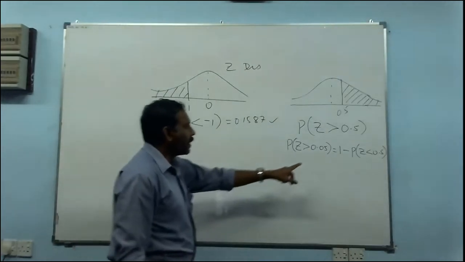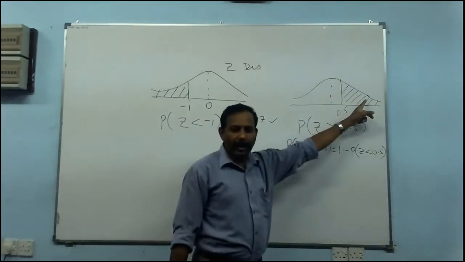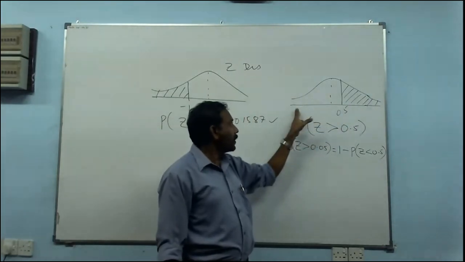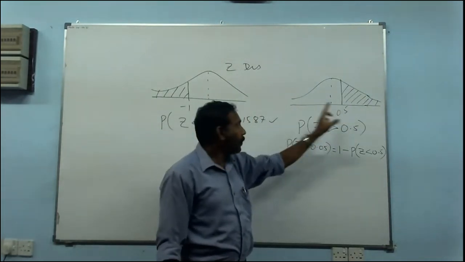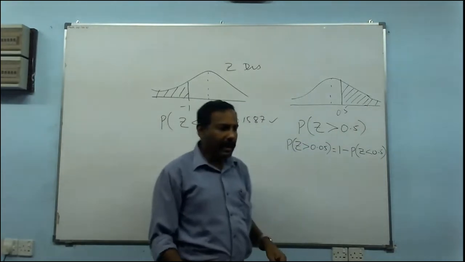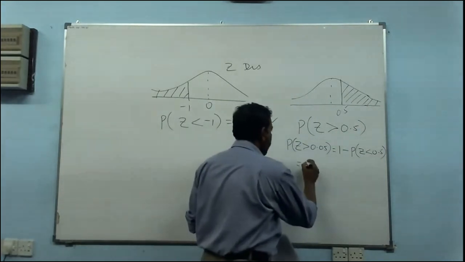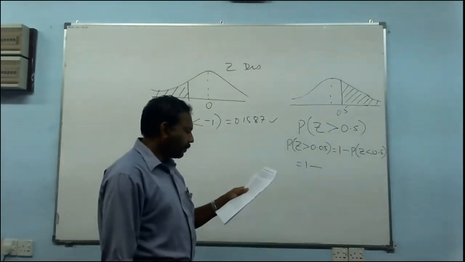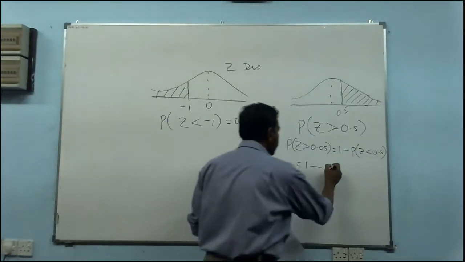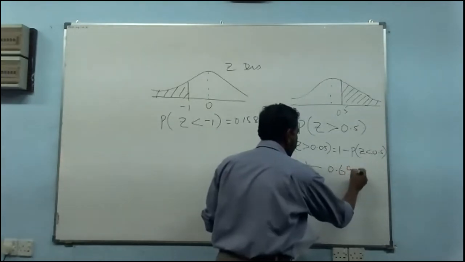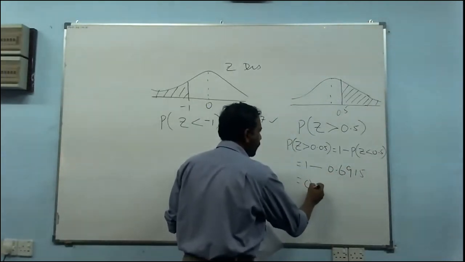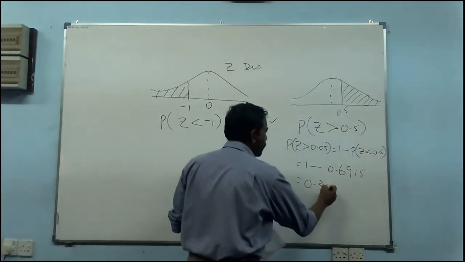If you take this away from 1, you get the probability there. So that is 1 minus 0.6915, which is 0.3085.